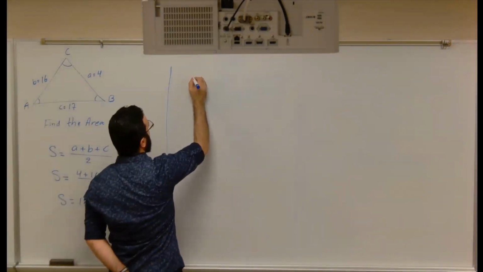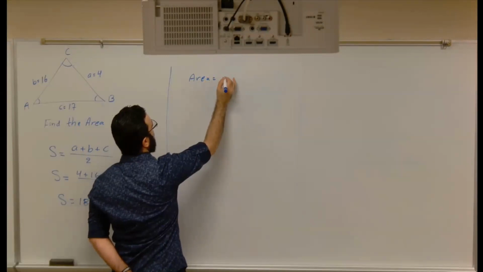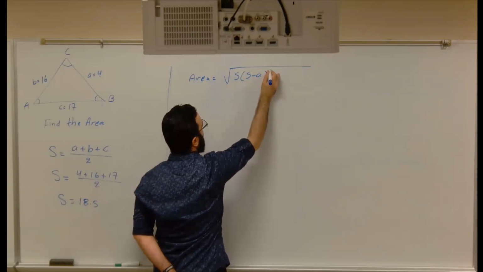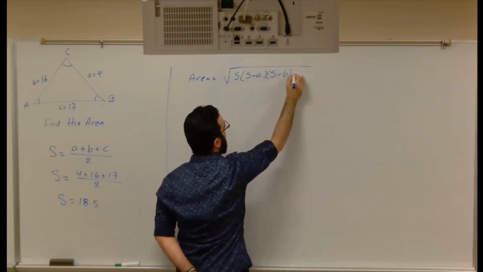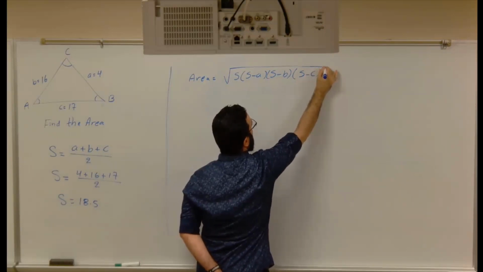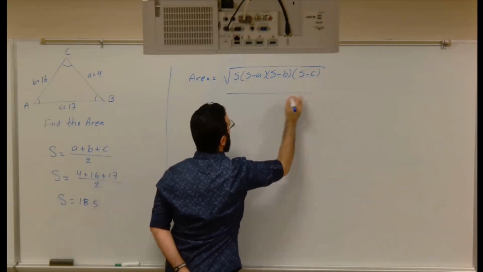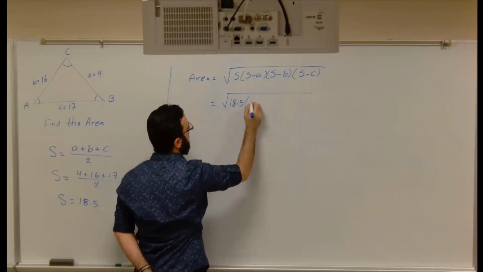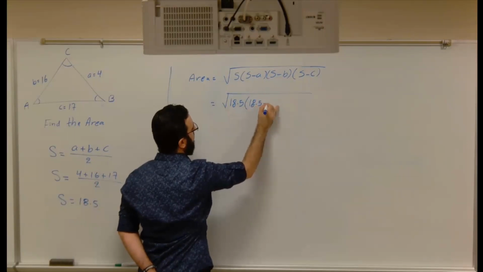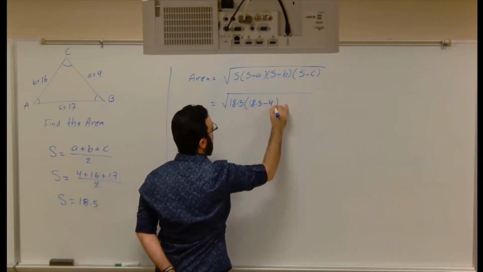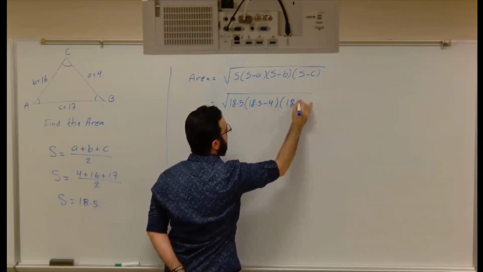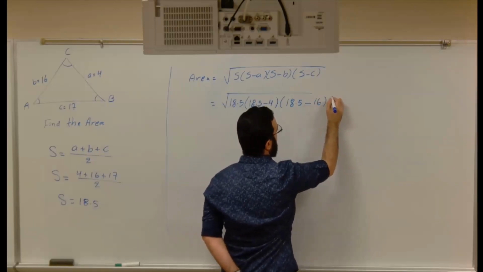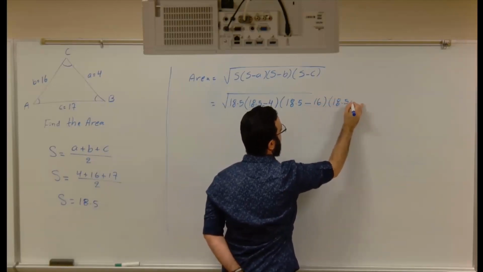The area is the square root of S minus A, S minus B, S minus C. That's equal to the square root of 18.5 times 18.5 minus 3, which is 4, times 18.5 minus 16, times 18.5 minus 17.